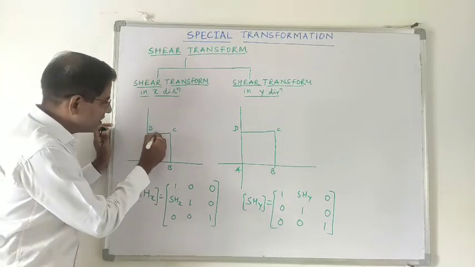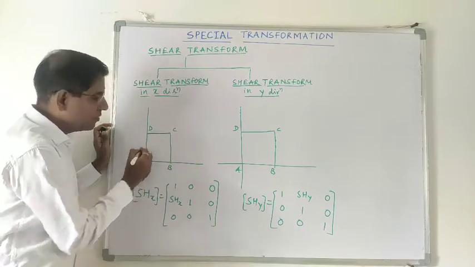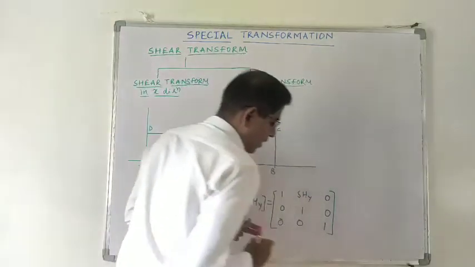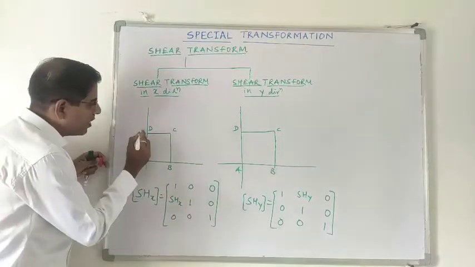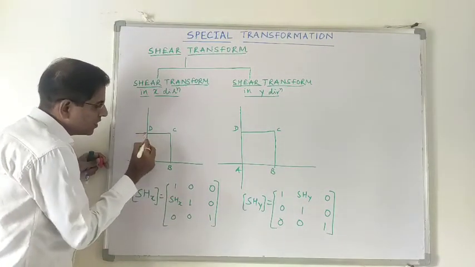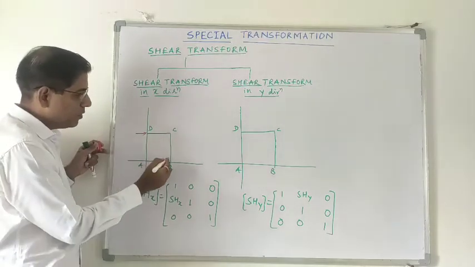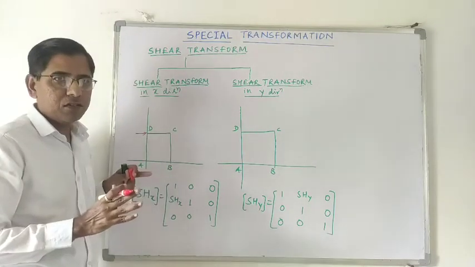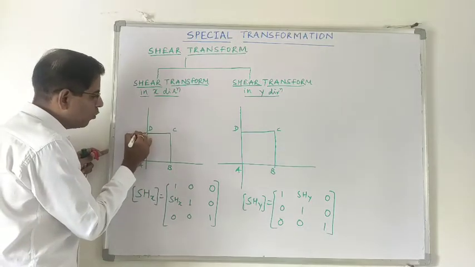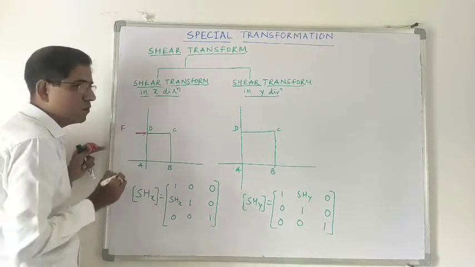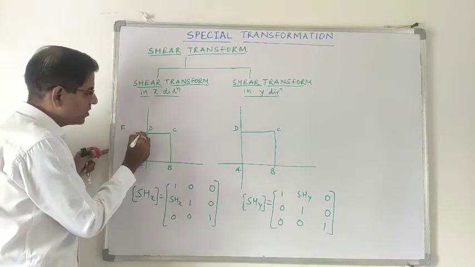Now consider this is our original rectangle. This is the original rectangle and we are applying a force here. Consider this A, B, C, D is a plate and we are applying a force in x direction.